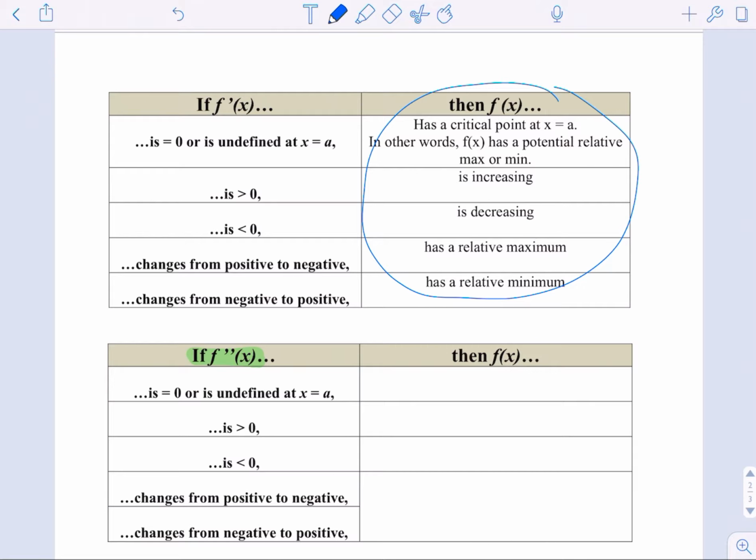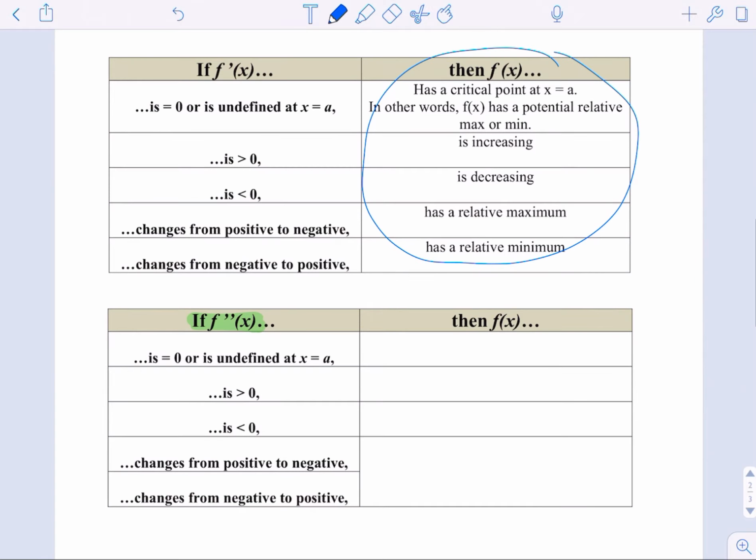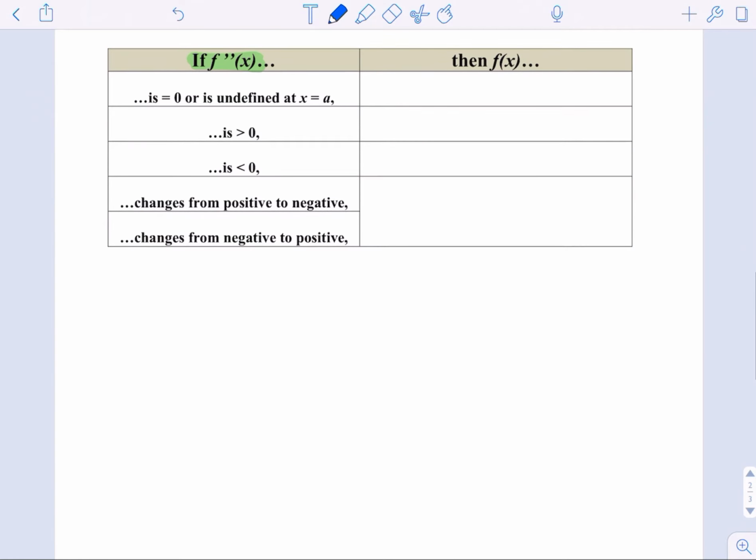And you can see a lot of similarities for when the second derivative is positive, when the second derivative is less than 0, when the second derivative is equal to 0, or when it changes signs, right? Those things all tell us information about the f graph as well. Okay, we're going to explore that. So we're going to first focus on this guy right here.